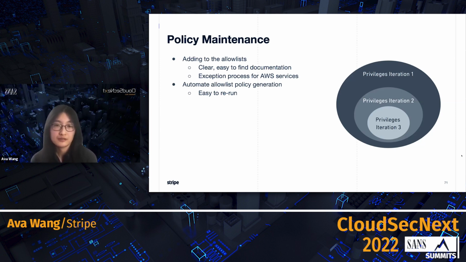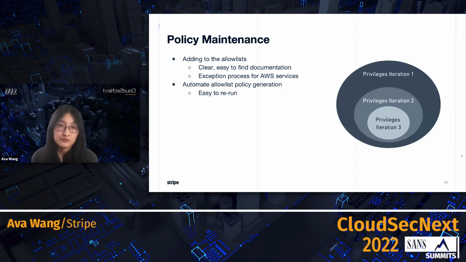We can also continue to drive towards least privilege by automating the allow list policy generation and rerunning it periodically so that the set of privileges can reduce over time as infrastructure may become more standardized and some services are no longer used.